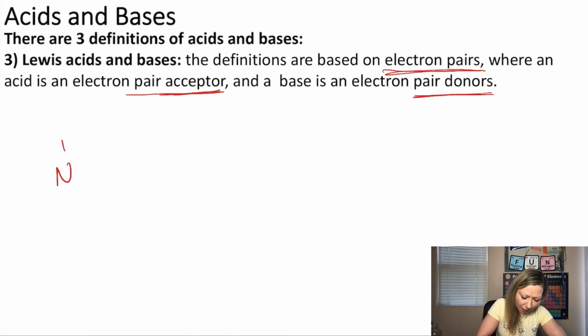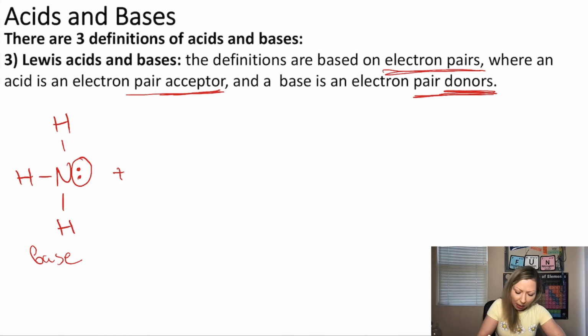For example, ammonia, so NH3, and we know that this has an electron pair right there, right? So this electron pair can be donated. So this is our base that donates the electron pair to, for example, boron trifluoride, BF3.